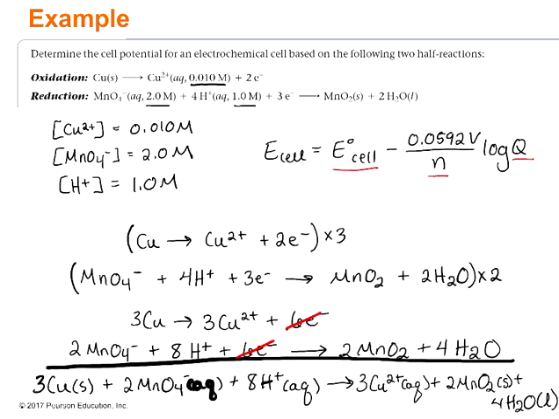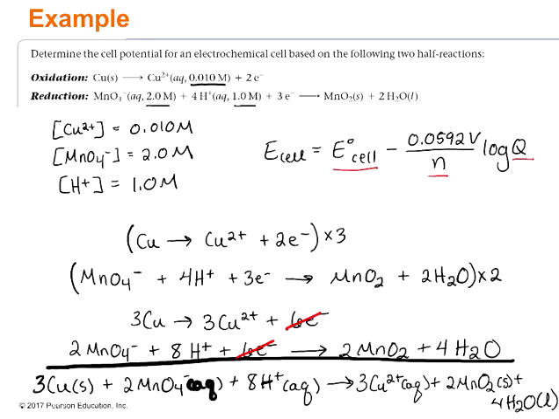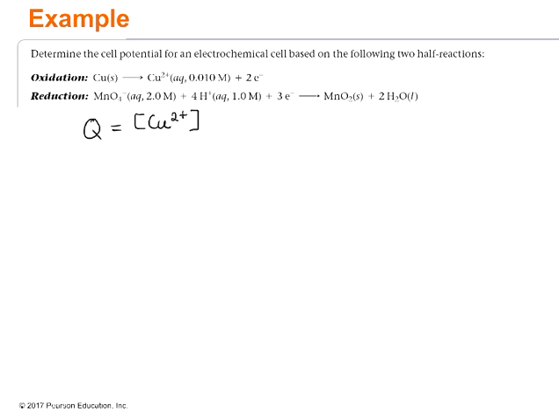And then we have 4 water molecules, which are liquid, so we're not going to include those either, because remember, in reaction quotients or equilibrium constant expressions, we don't include pure solids or liquids. So the only product there is our copper ion, but if we look back, we have a 3 coefficient in front of copper. So we need to raise this concentration to the 3rd.